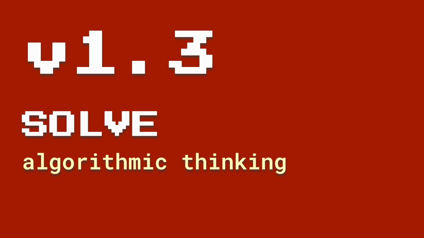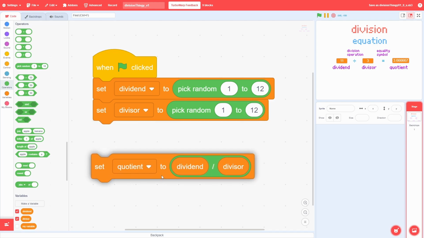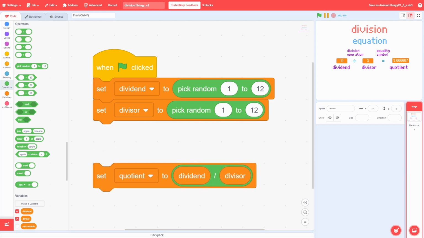So what are we going to do to solve that? Well, we're going to do a similar thing to inverting, but what we have to do now is create a multiplication equation so that we can make this final quotient equals dividend divided by divisor safe. So to do that, we're going to set the dividend to the dividend multiplied by the divisor.